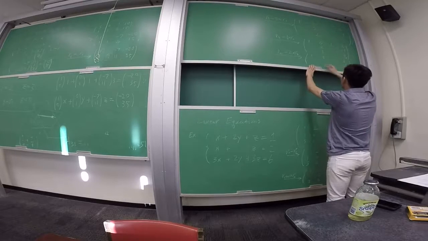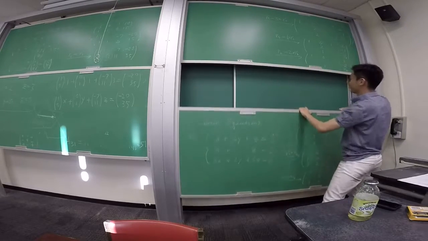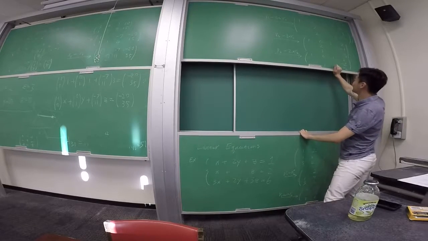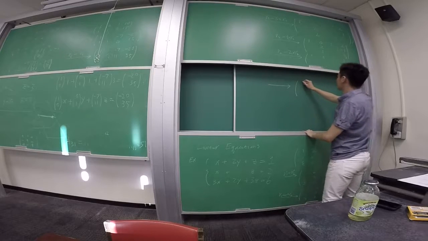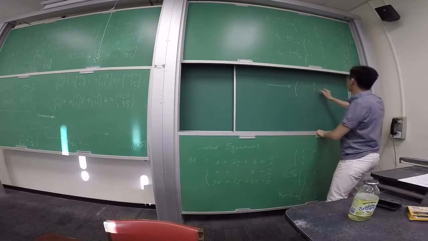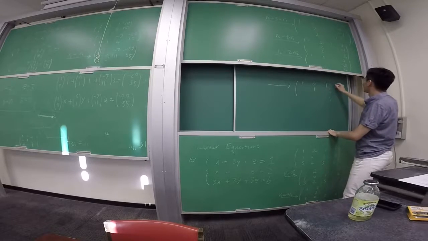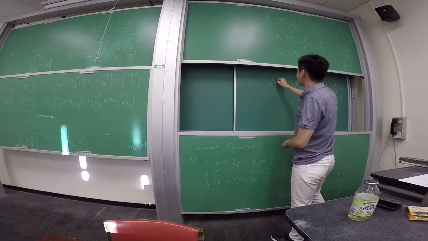And then you want to switch those rows, right? Would that be reduced row echelon form? Yeah, we want to switch rows, right? These are the columns. 2, 1 half. R2 switch with R3.